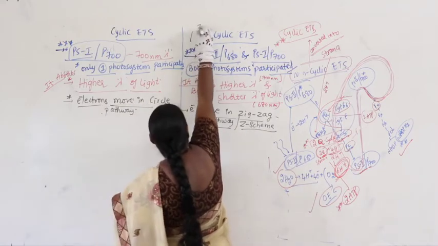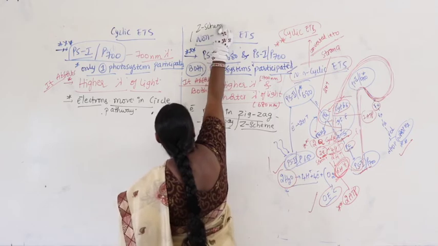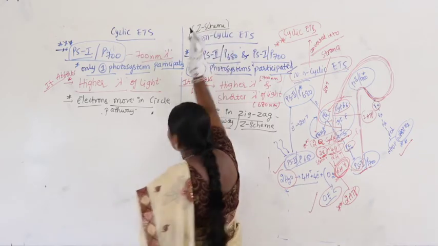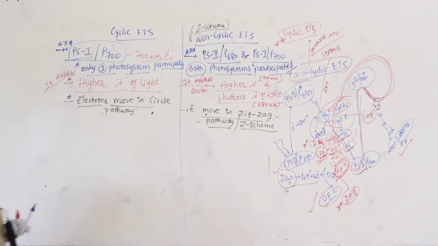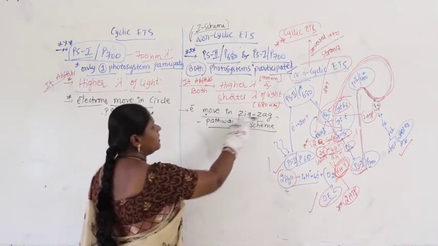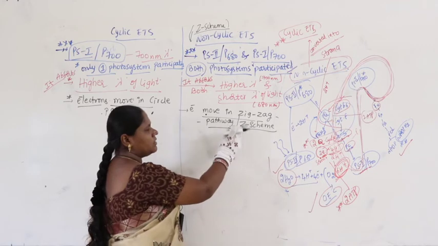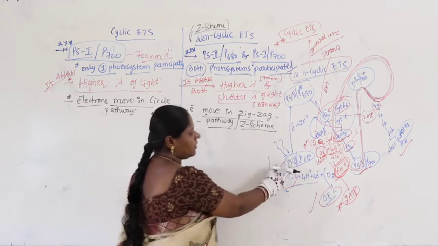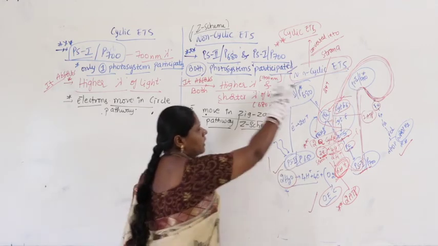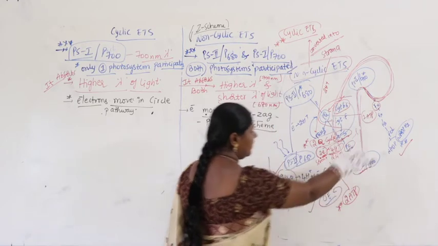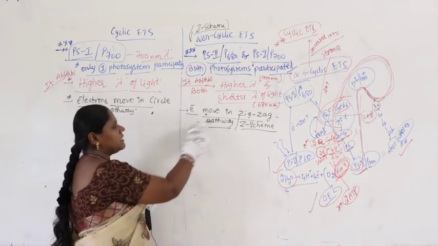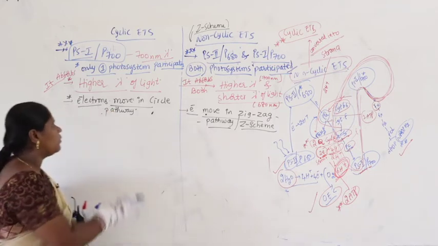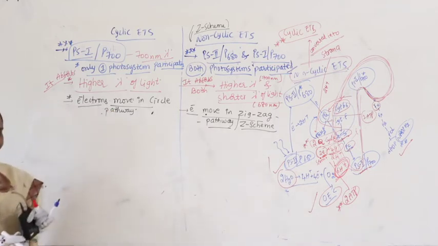Non-cyclic is called the Z scheme pathway. Why? Because electrons move in a zigzag pathway, and it's called Z scheme because electrons which started from PS2 end with PS1 and do not come back to PS2. That's why electrons move in a zigzag manner. Here electrons move in a circular manner.